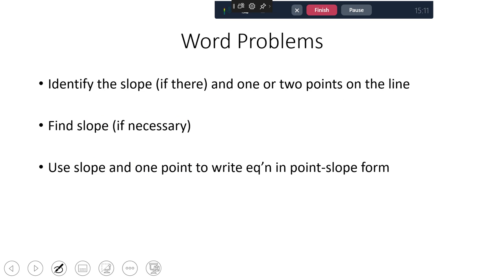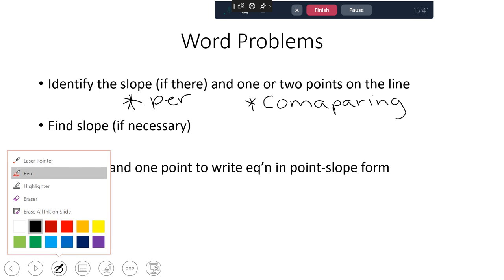Okay, word problems. Identify the slope if there is one, in 1 or 2 points on the line. If there isn't a slope identified for you, then you need to find one. Okay. Slope usually has a per in it, or it's like comparing two things.